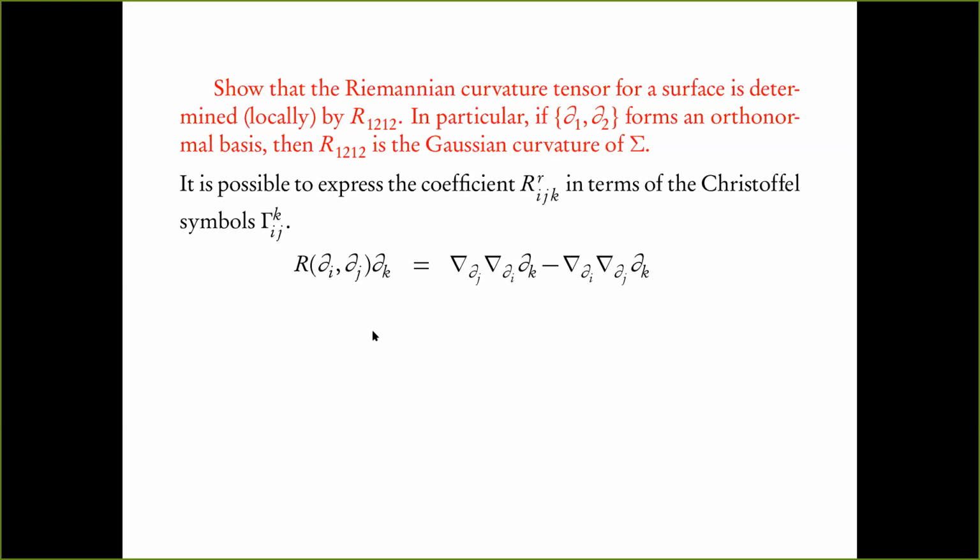Now you can use the Christoffel symbols, because whenever you encounter the covariant derivative of del K along del I, the Christoffel symbols appear. Again, this is a sum over L, and I'm using the Einstein summation convention to save myself from writing summations over and over again. You have to either get used to the Einstein summation convention and use it perfectly, or, if you're not used to it, make a mental note that there's a summation here and use the summation as most mathematicians would.